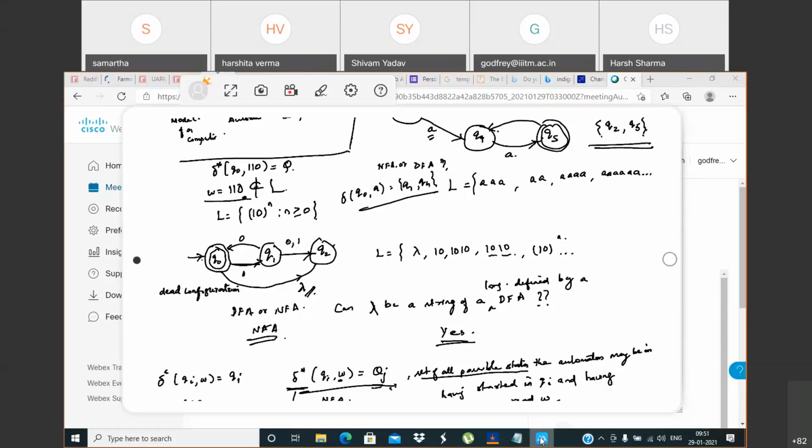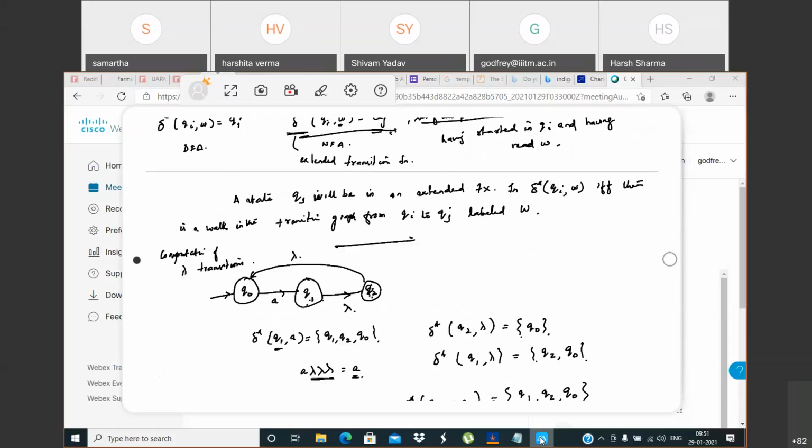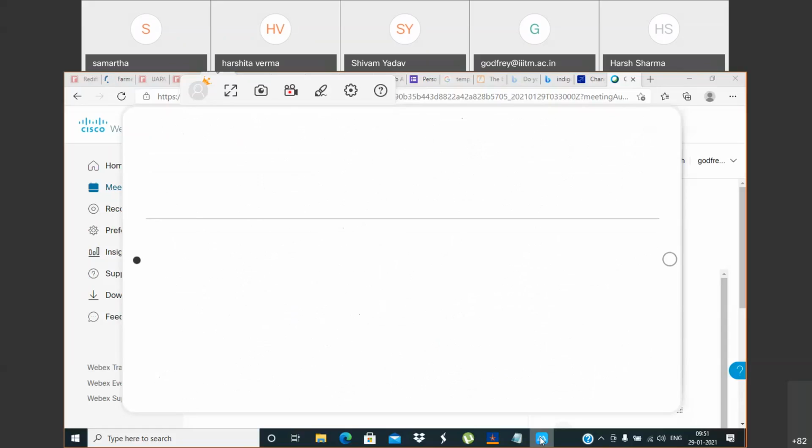Now, why do we study non-determinism? There are a few reasons that are given in your text. The first reason is that digital computers are completely deterministic, right?